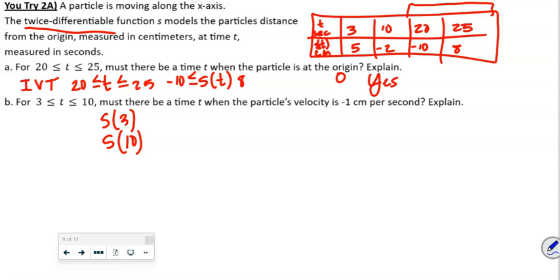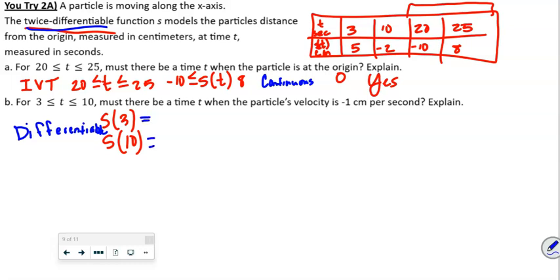So what does this mean again? So this has got to be continuous, and it is continuous. Why? Because it's twice differentiable. This is differentiable because it says it's twice differentiable. Okay? All right, so we're going to go ahead and find these values.